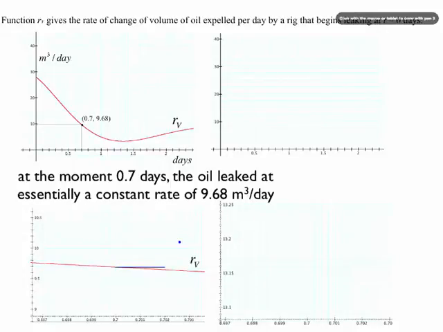So in a rate of change graph, constant rate of change means a horizontal line, not just any line. It's got to be a horizontal line, so that you're saying for a little change in the x variable, the rate doesn't change. It doesn't go up or down. The rate stays constant. So this blue segment is showing our constant rate.